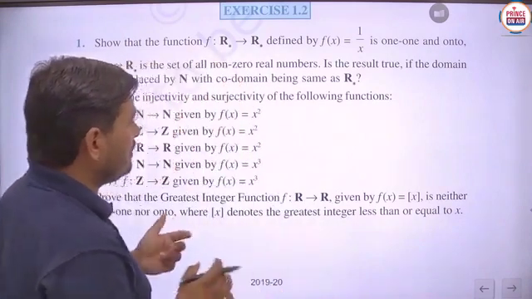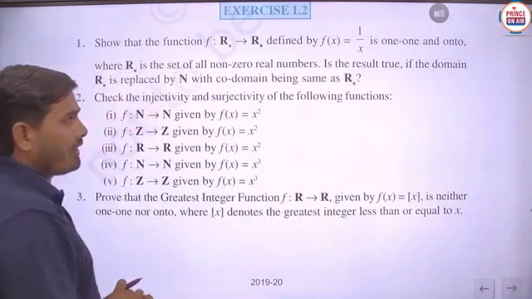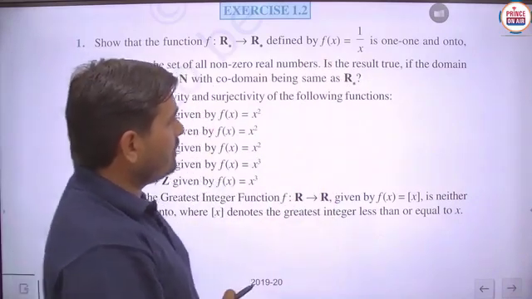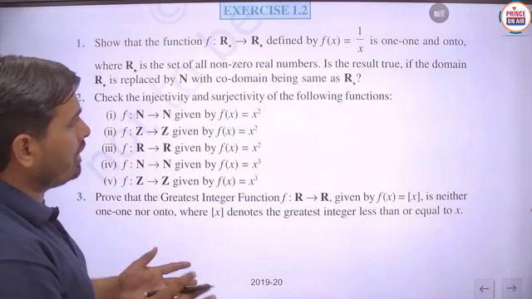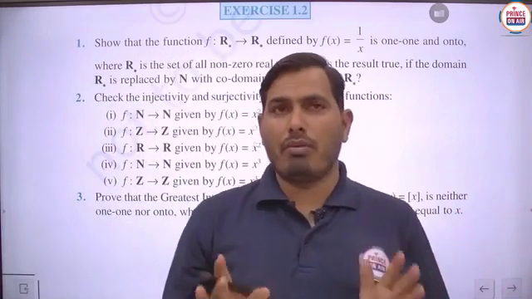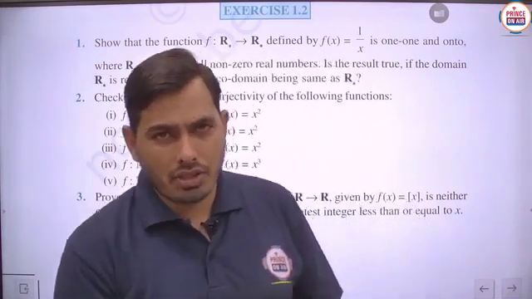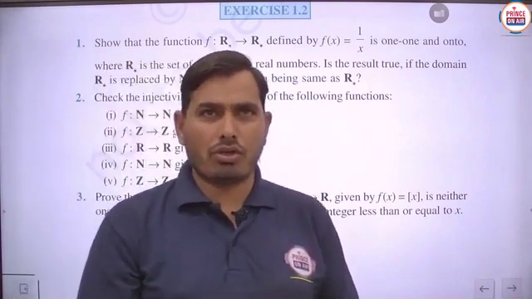R star is defined at the end of this function, and the function is written as f(x) = 1/x, where R star is the set of all non-zero real numbers. A very important thing, students: non-zero real numbers means the set of real numbers which does not include 0. Is it clear?